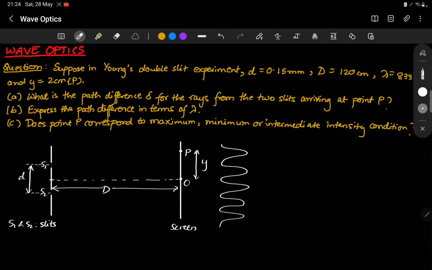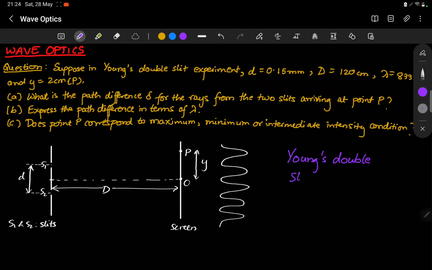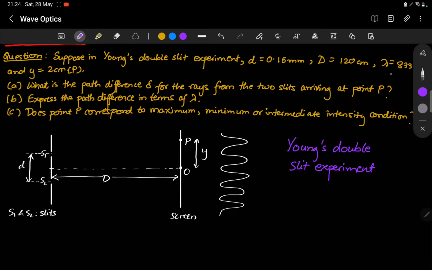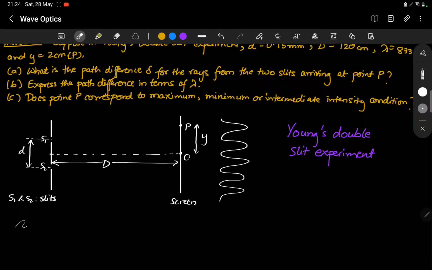So this is the diagram representing Young's double slit experiment. Now that we know what these quantities mean, lambda is the wavelength of light which is used to illuminate the slits. So let us start solving the question.